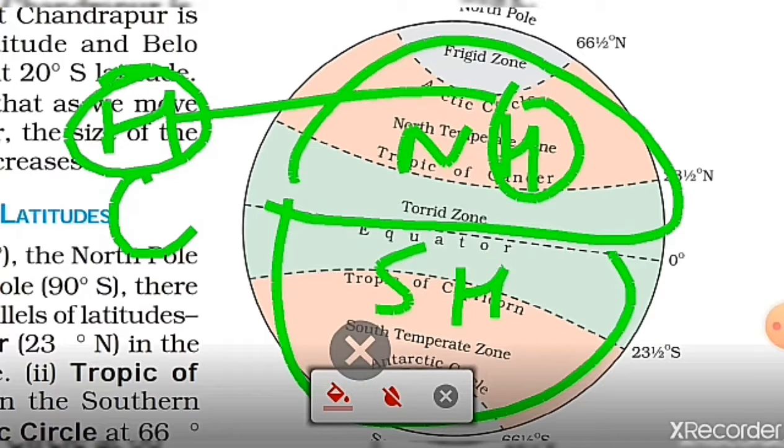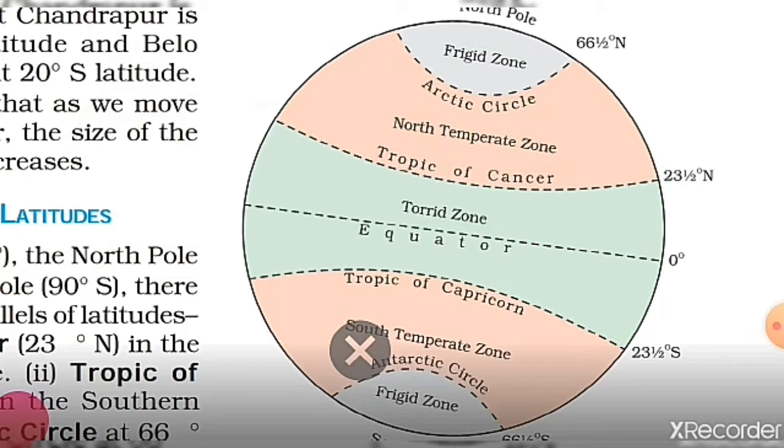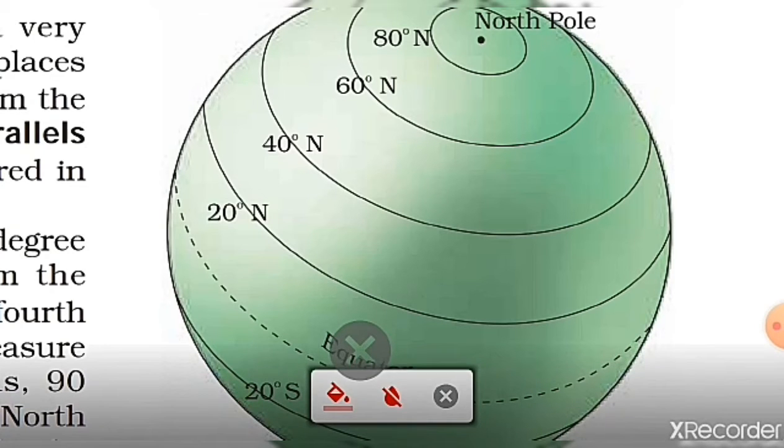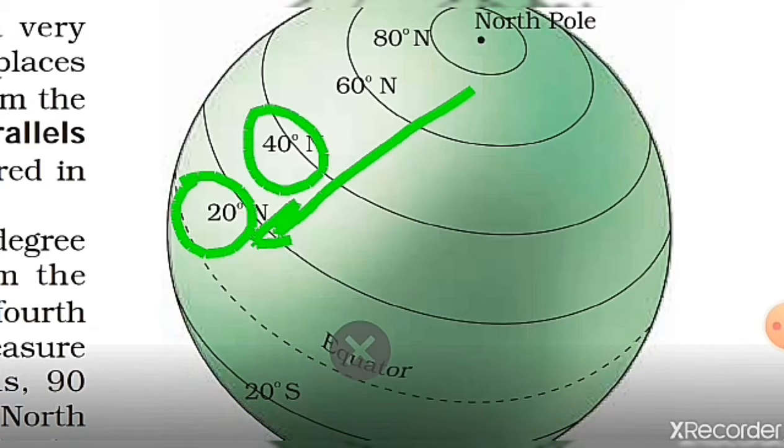The equator is an imaginary circular line and it is a very important reference point to locate places on the earth. Now the second thing: in this figure, all parallel circles from the equator up to the poles are called parallels of latitude. Latitudes are measured in degrees: 20 degree, 40 degree, 60 degree.